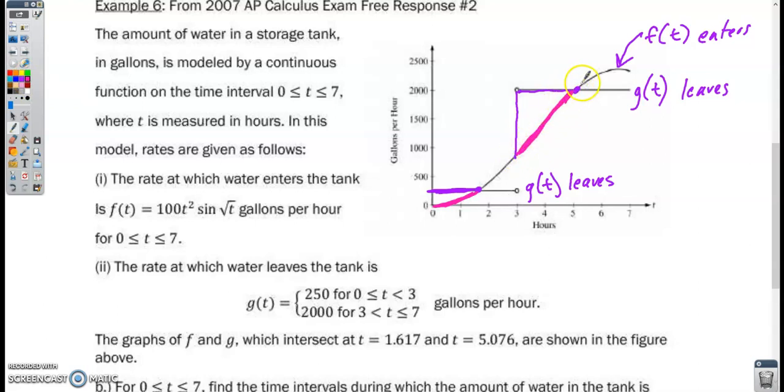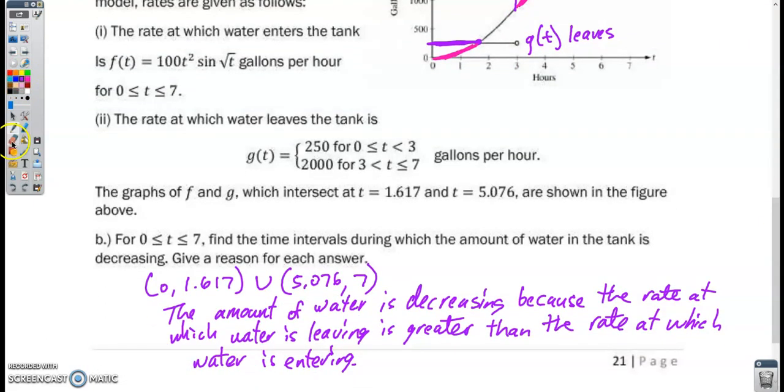Sorry, I just caught that at the very end. So instead of 5.076 to 7, this should be 3 to 5.076. All right, sorry about that.